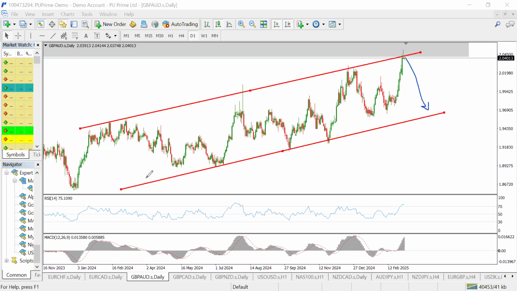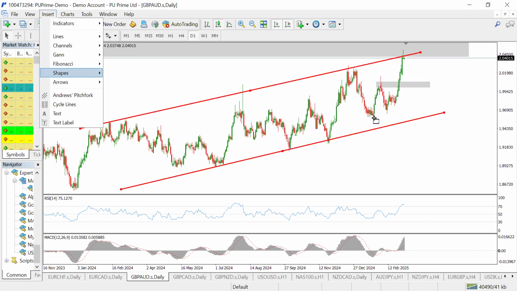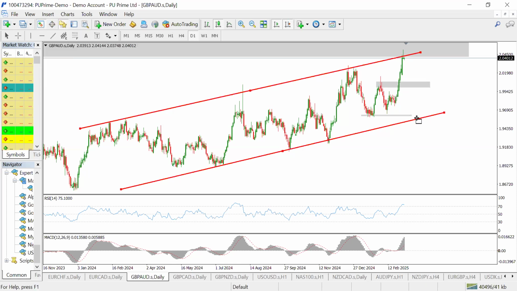Now, if we want to take a look at the profit potential of this instrument, let's take a close look. In the course of the bearish breakout, price might likely hit this resistance turned support zone. And if it breaks that level, it equally still has another support zone right here.